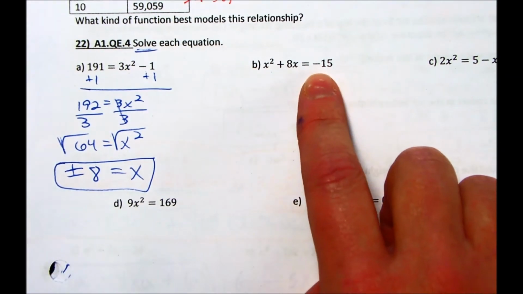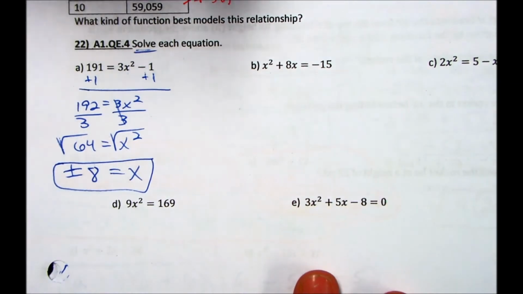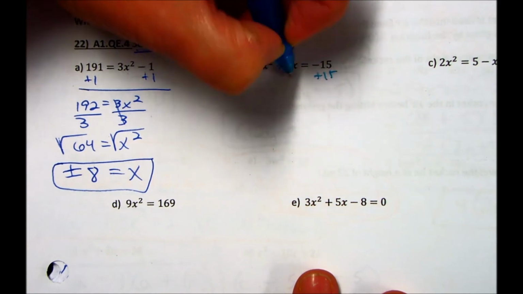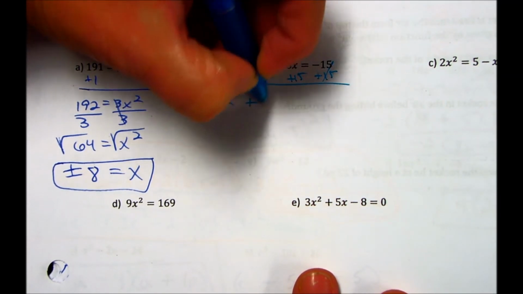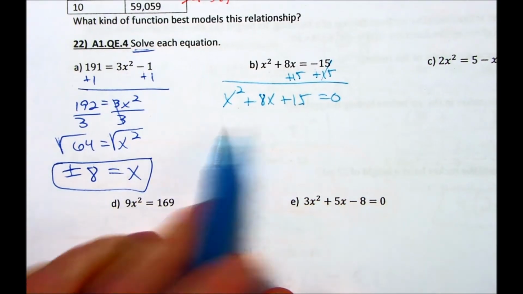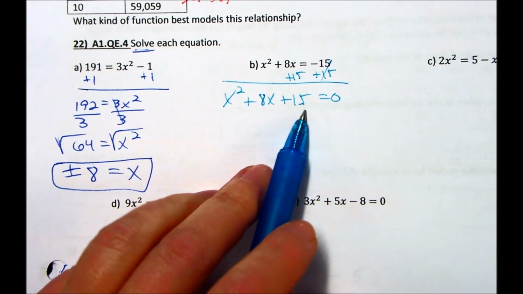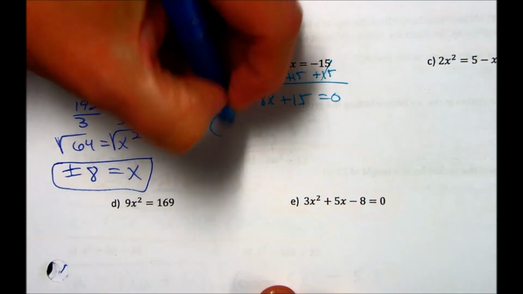So I'm going to try factoring, but before I can factor, I have to get this equation equal to 0. So I would add the 15 to the other side, and get x squared plus 8x plus 15 equals 0. So then I'm going to try to factor this. Well, let's think. Are there two numbers that multiply together to equal 15 that add up to 8? Yes, 5 and 3.